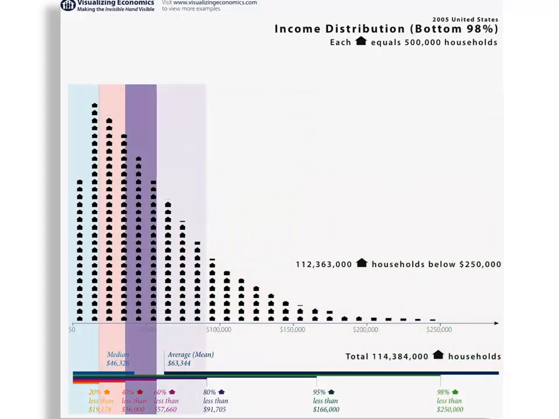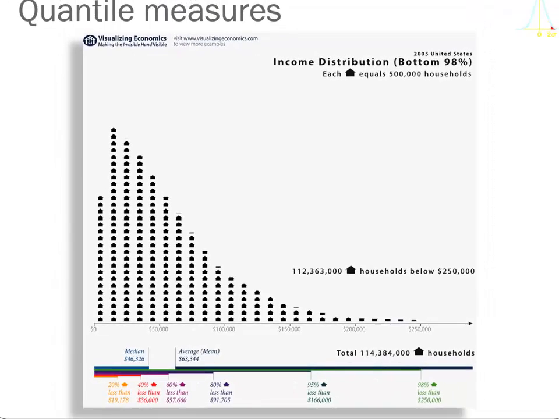Again, economists like quintiles, so they've divided this into the 20th, 40th, 60th, and 80th percentiles, which correspond to the first, second, third, and fourth quintiles. And then they've also put in the 95th and 98th percentiles. Again, a nice chart. It shows us visually that there's a great deal of inequality in terms of income.